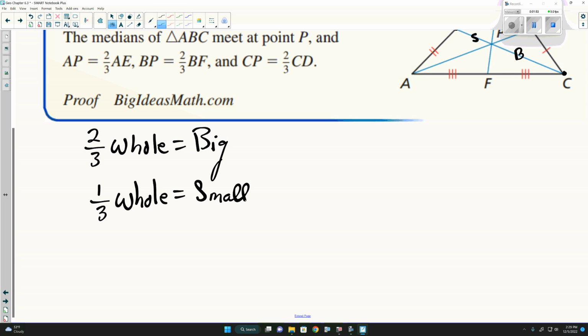Now, what's interesting is that the small segment is equal to half of the big segment.